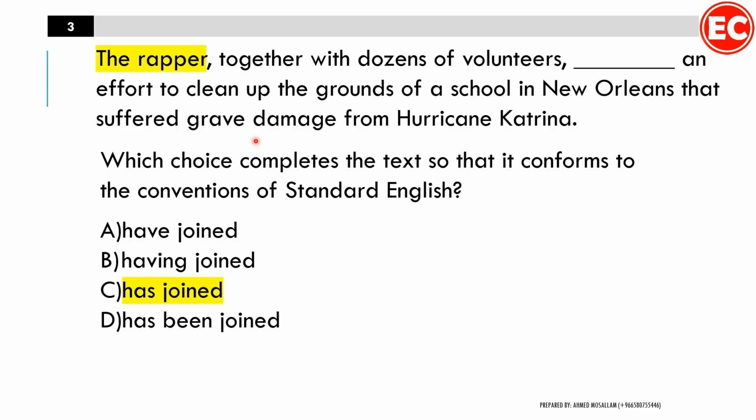So we have here together with, from the words that we mentioned before. Dozens of volunteers is not part of the subject. And also for another reason, we have commas here. We have two commas. We cannot have one comma between subject and verb. So two commas means this is non-essential. This is the wrapper has joined.